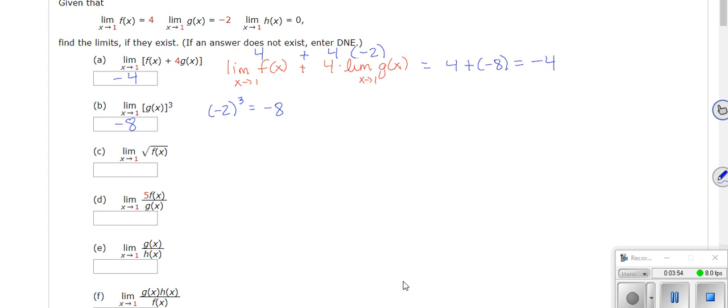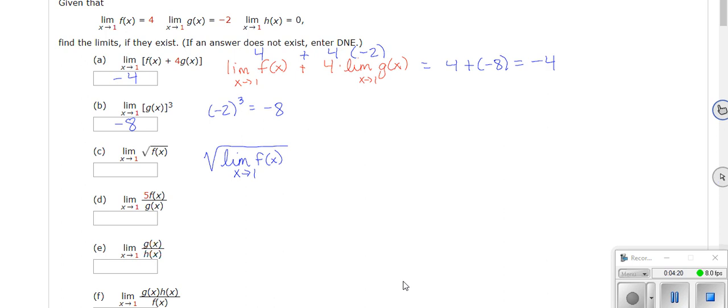This one, you're actually taking the square root, I'm not going to finish it, of the limit of f of x as x approaches 1. That's limit law 11. We didn't get through all of them, we went through the main ones. So I think you get the idea here. You're just applying the limit laws.